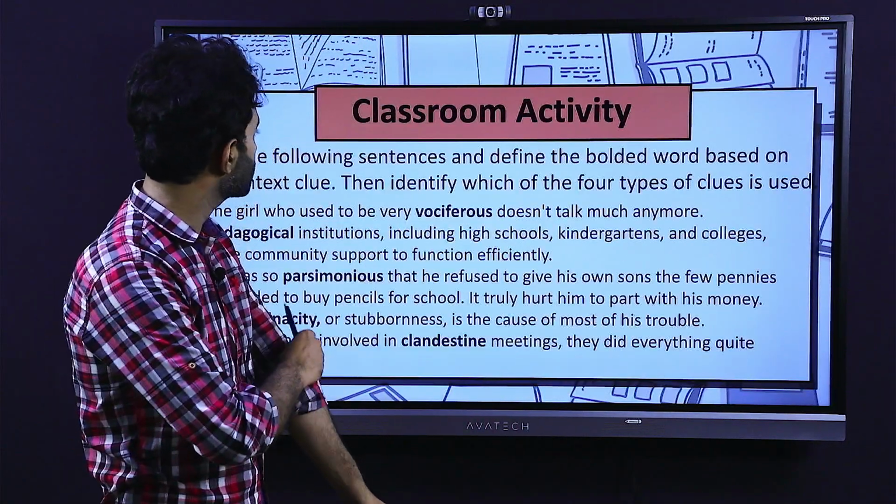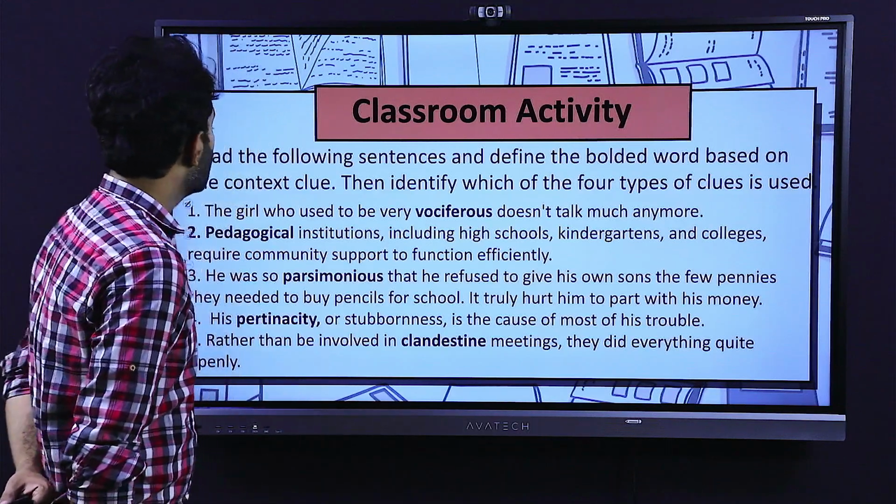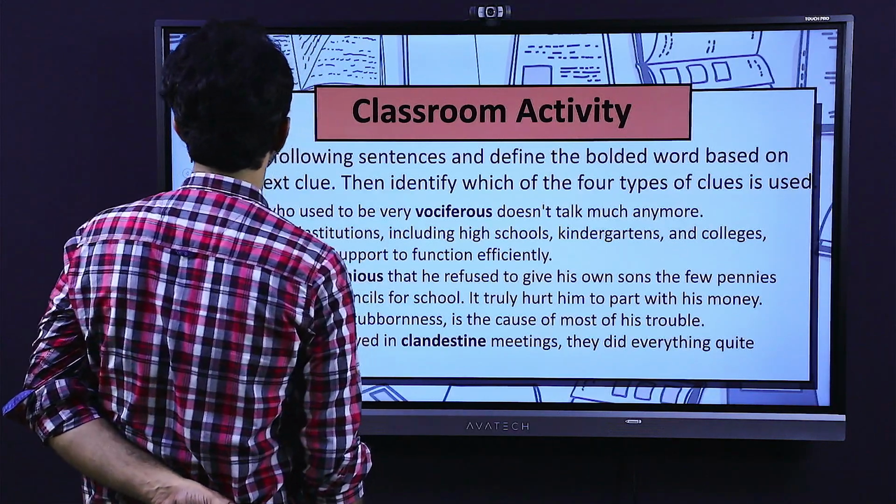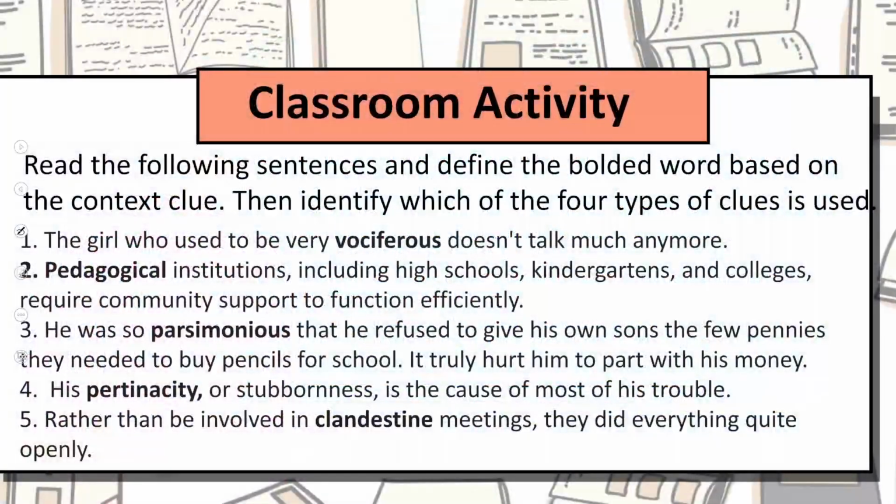Now let's read this, students, and define the bolded words. Then we are going to identify which of the 4 or 5 types of clues we have used. Number 1: the girl who used to be very vociferous doesn't talk much anymore.